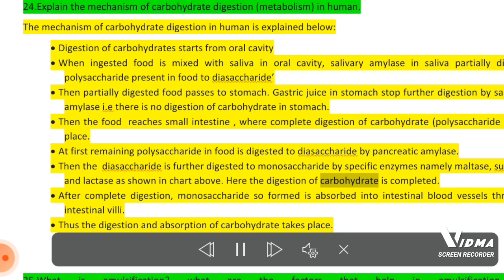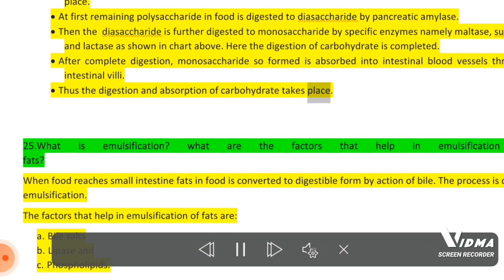Here the digestion of carbohydrate is completed. After complete digestion, the monosaccharide so formed is absorbed into intestinal blood vessels through intestinal villi. Thus the digestion and absorption of carbohydrate takes place.